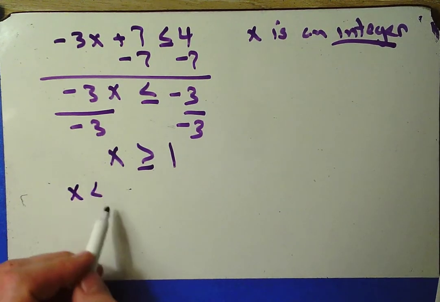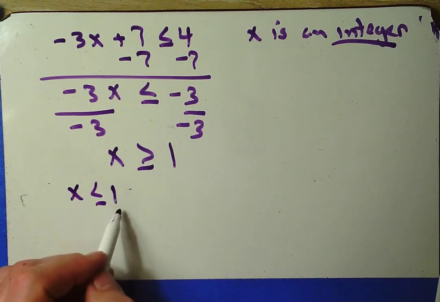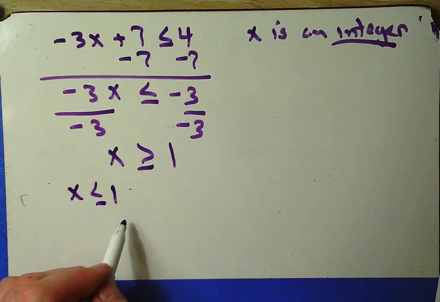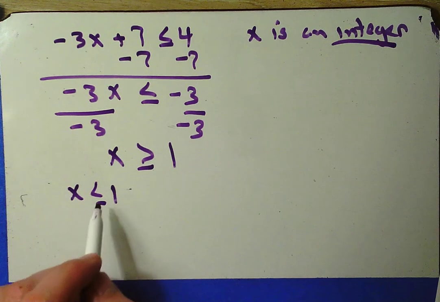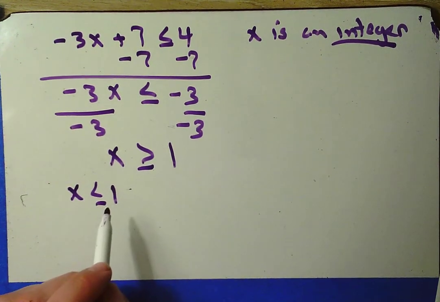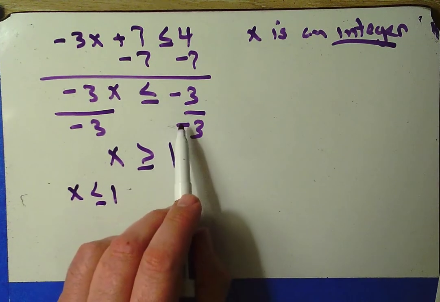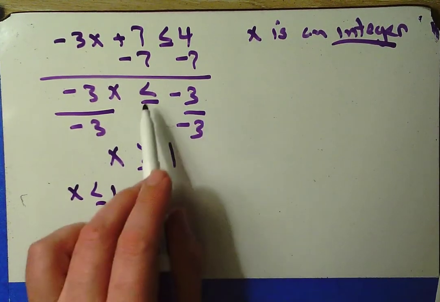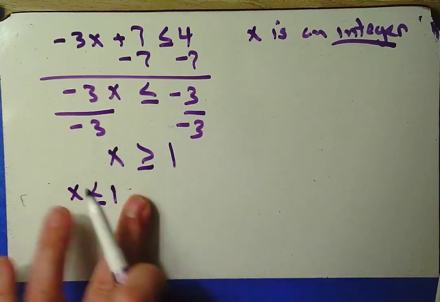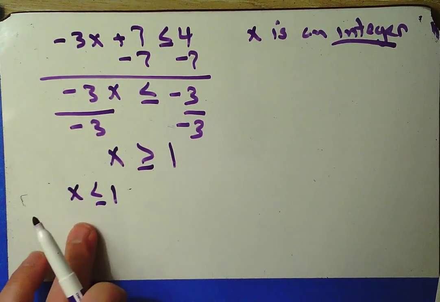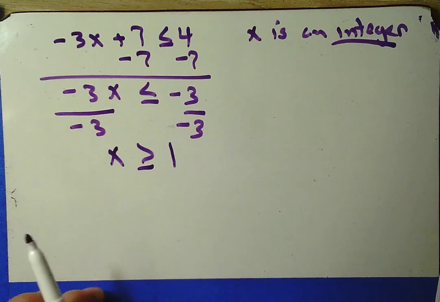Can x be less than or equal to 1? No, x has to be greater than or equal to 1. This answer here, H, is here for the people who don't remember to flip the direction of the inequality. They're looking for you to make that common mistake, so not choice H.